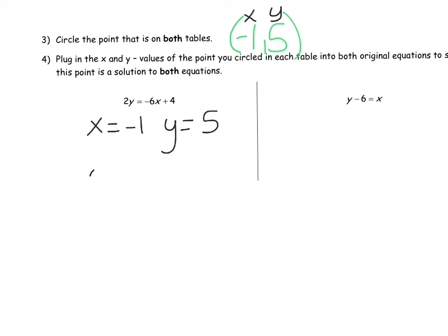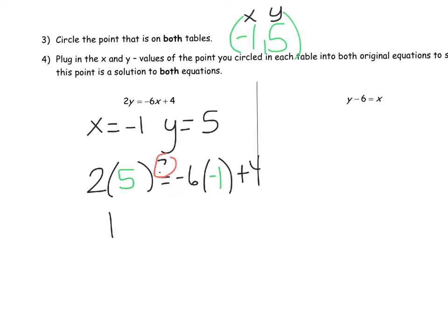So I know I have 2 times something equals negative 6 times x plus 4. So I'm going to plug in y over here, so that's 5. Negative 1 goes over here. And I want to see if this is a true statement.